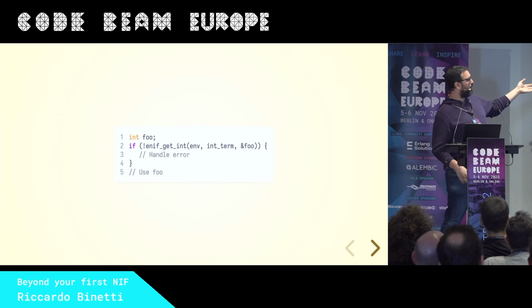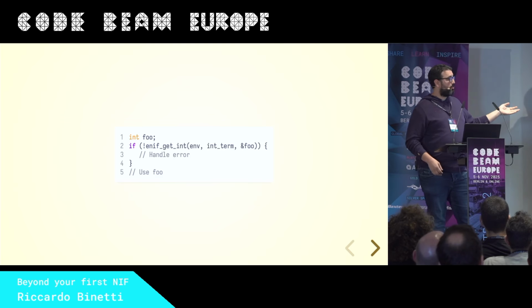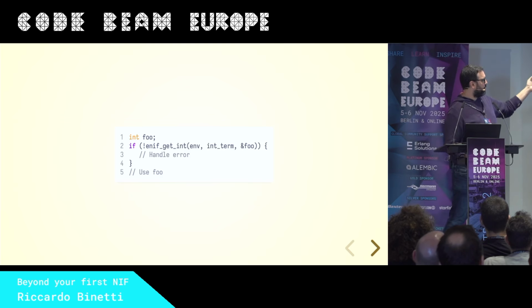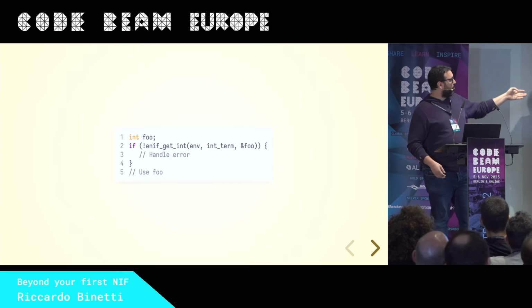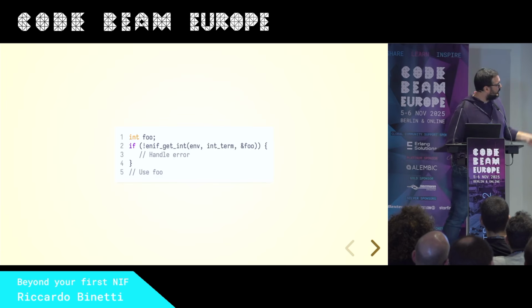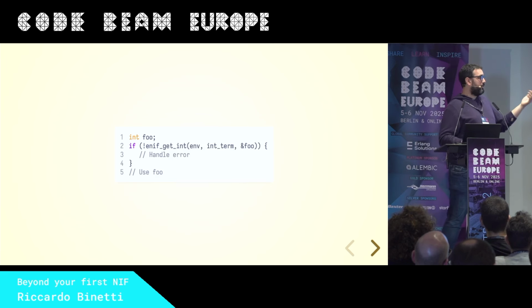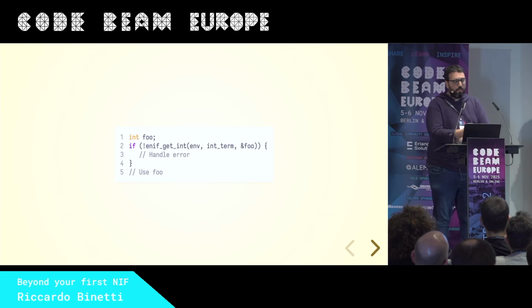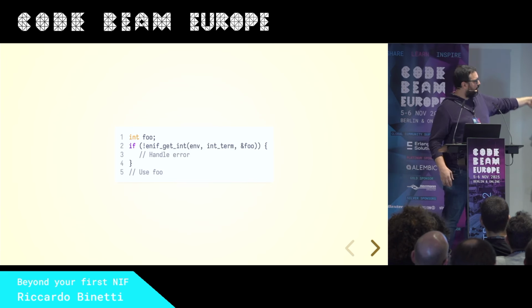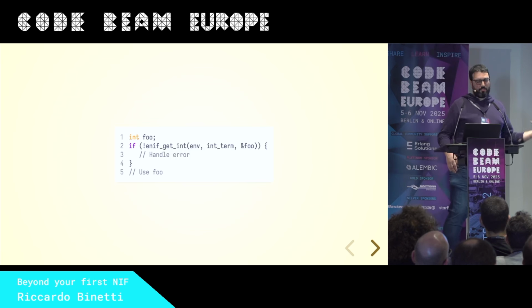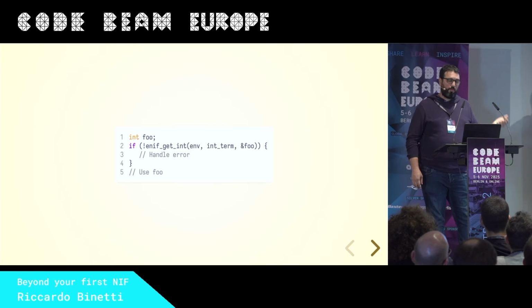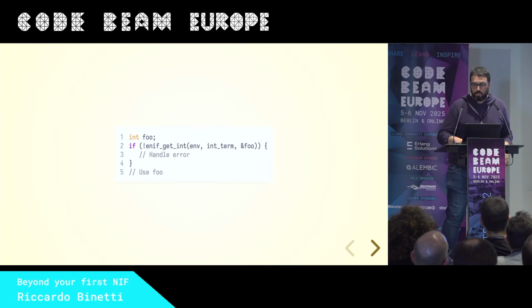Here, for example, we are extracting an integer term. We just declare a variable, and we call enif_get_int. This can return an error, for example, if the term is not an integer. But once we extract that, then we can use foo below, and it has the same value as the term that came from the Elixir world.